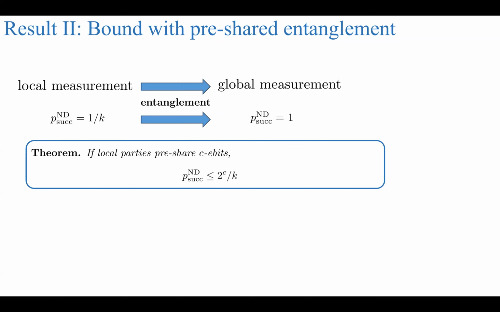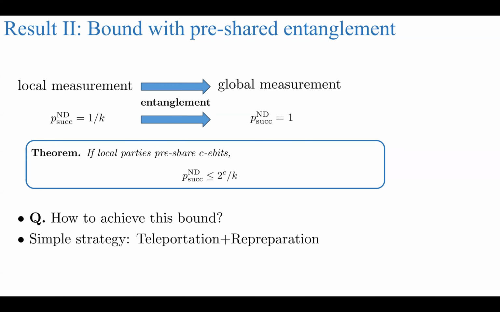So our second result is that we found an upper bound. If the local parties share C ebits of entanglement, then this bound is 2 to the C over K. And the next question is how to achieve this bound and how tight it is. So we first consider a simple strategy called teleportation and preparation.